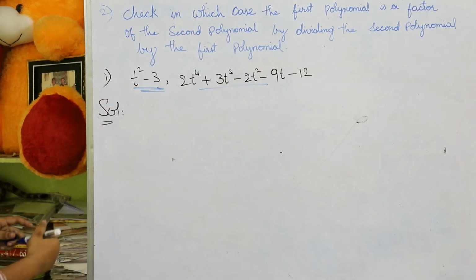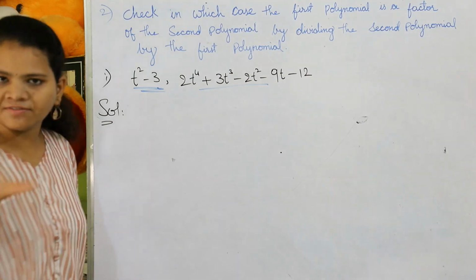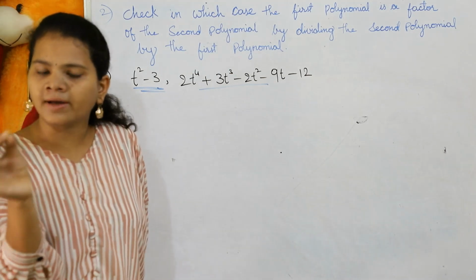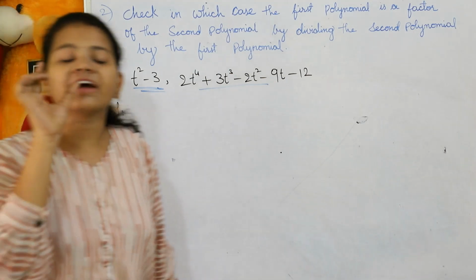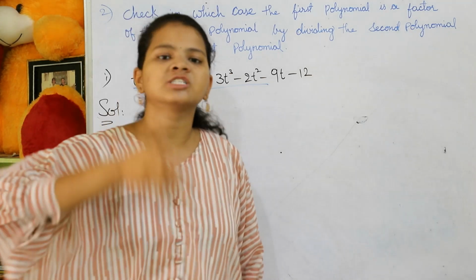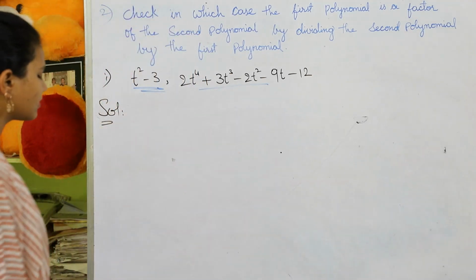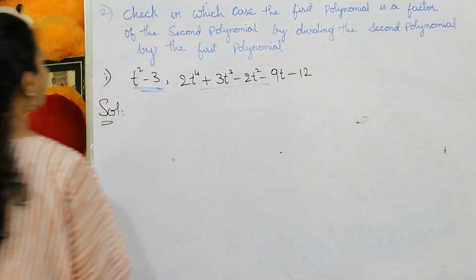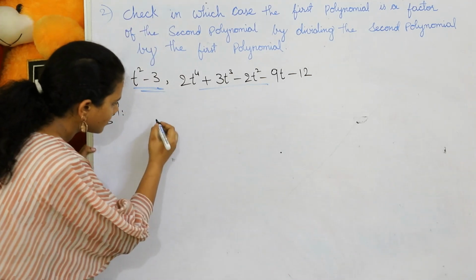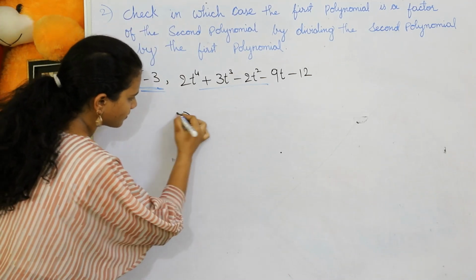Now coming back to the solution, it is nothing but division: divide the second polynomial by the first polynomial. Let's draw the shape.